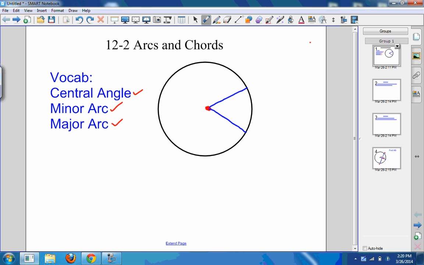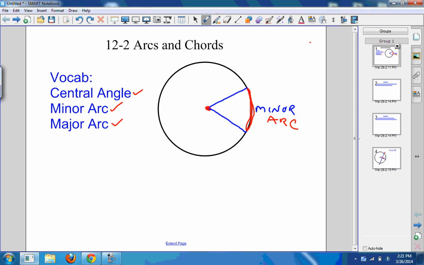With a central angle, we have a minor arc and a major arc. A minor arc is going to be this right here. So it's that distance along the circumference of the circle that is my minor arc.